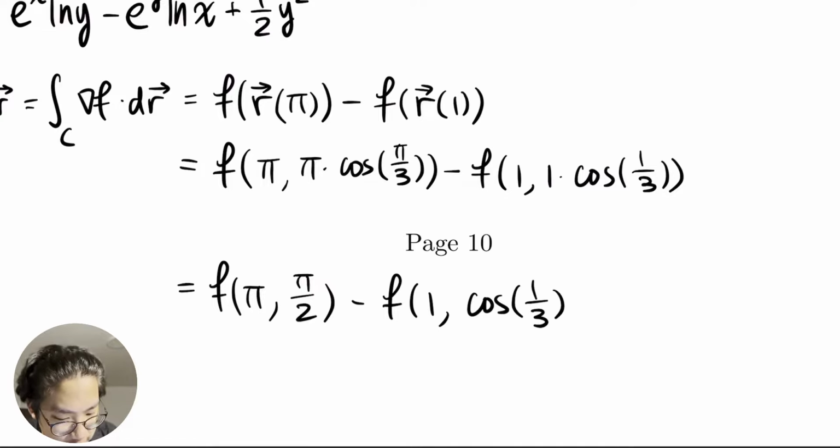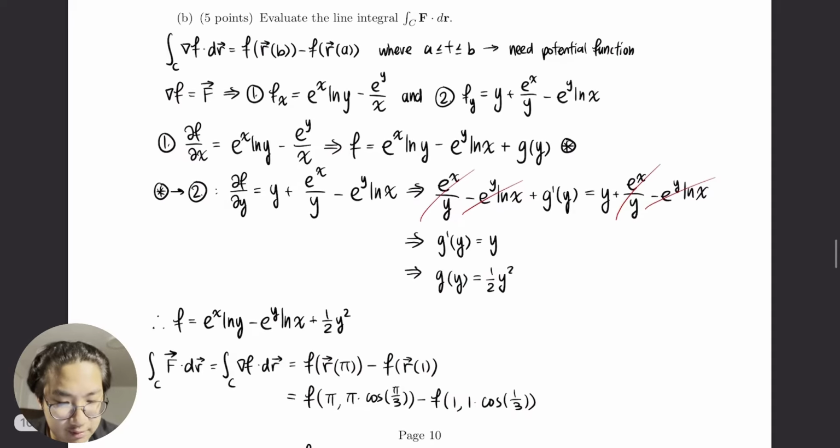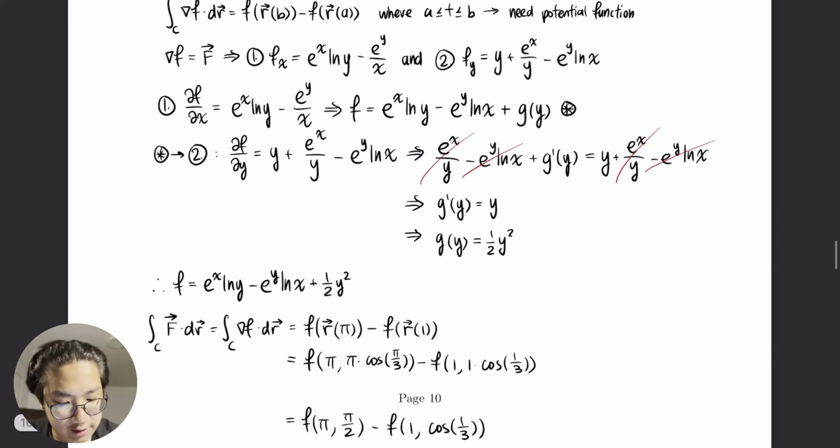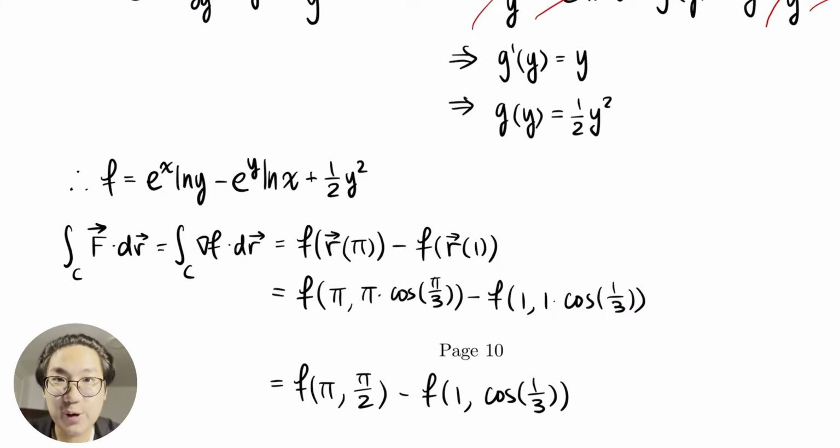I'm pretty sure this is how the instructors left their response. You can definitely evaluate these two, but you just get some pretty messy expression. Regardless, it does speak towards why you would want to use FTC for line integrals rather than directly evaluating using the definition, which gets a lot messier. Yeah, that's how we do this question.